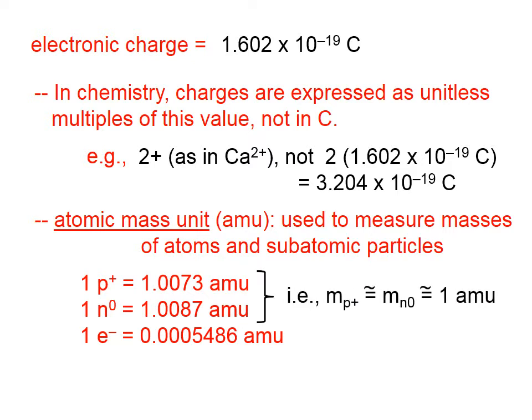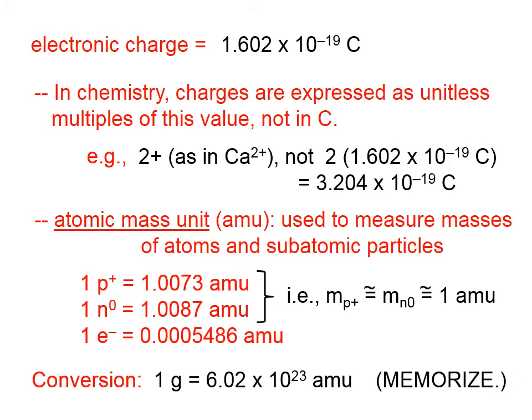It would be a good idea to memorize that the mass of a proton is approximately equal to that of a neutron, and that is approximately 1 AMU. Here's another conversion that you should, check it out in the lower right, memorize. 1 gram is equal to 6.02 times 10 to the 23rd atomic mass units.